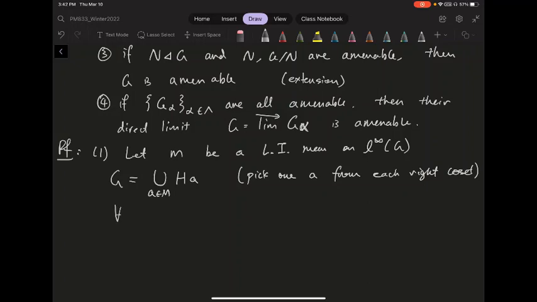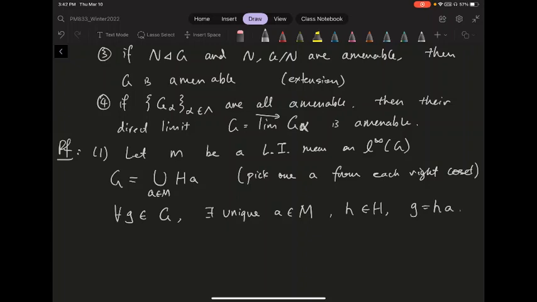And moreover, every g inside your G has to be inside some right coset, and actually a unique one because the right cosets are disjoint. So you can find a unique a inside your representative set, say M. And once your a is fixed, your h is also fixed, so that your g is a product of h and a.